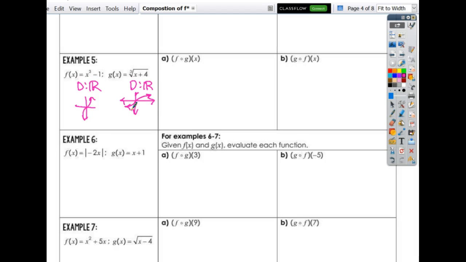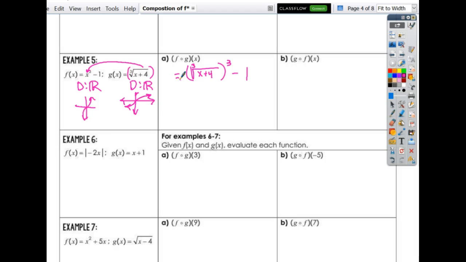And the cube root looks like that. So any restrictions on either one of those domains? No. So they're both all real numbers. So this time I'm going to start with g and put that in for x. So I'm going to get the cube root of x plus 4 raised to the third power minus 1.